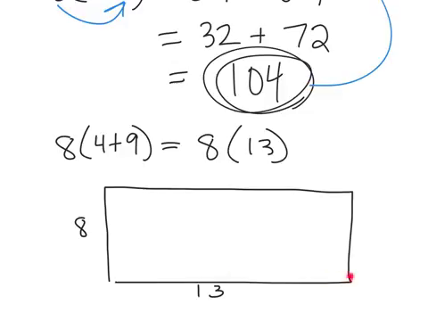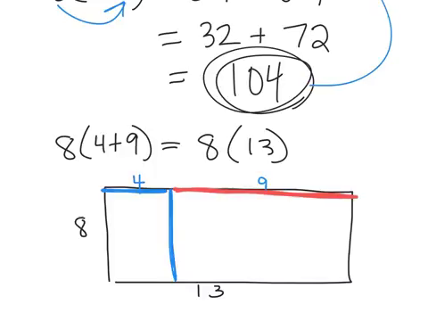So this is 8 by 13. But if you think about the 13, you can chop that up into a 4 and a 9. So that's really saying that this distance right here is 4 and that this distance right here is 9.